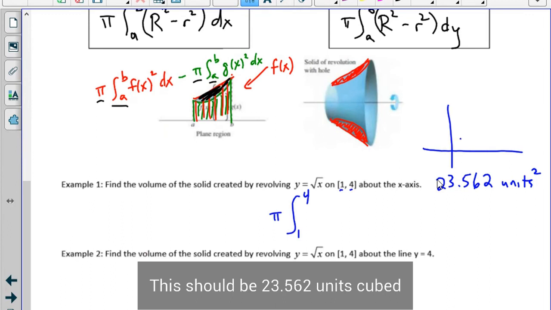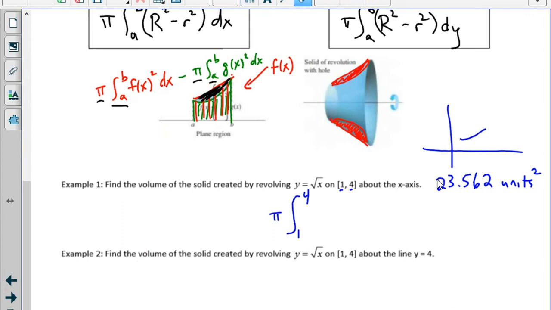So once again, that's not what the curve looks like. If I graph the square root function, what's going to happen is my radius is at all times f of x, and then when I rotate it around, it's going to look kind of like a lampshade as I move along.